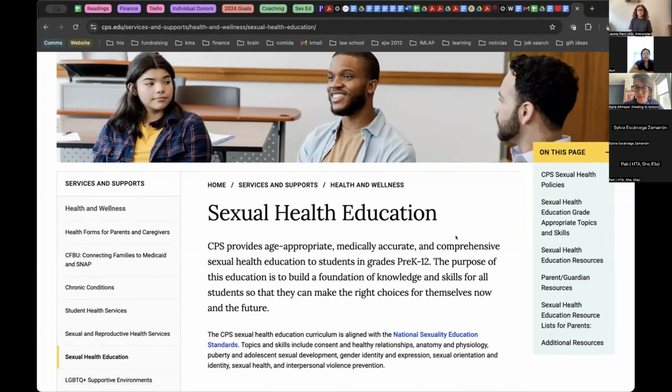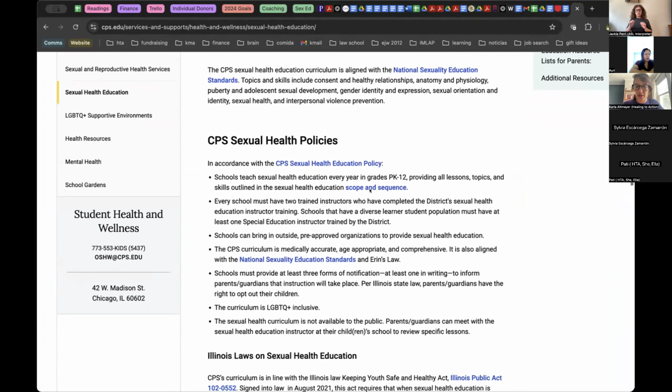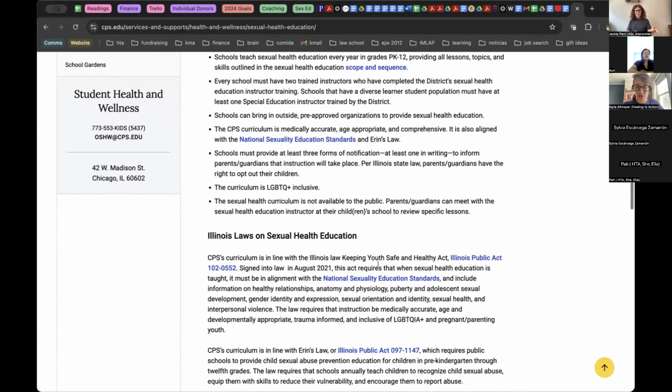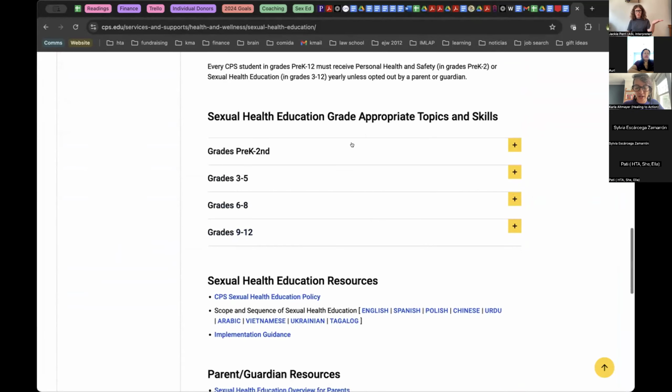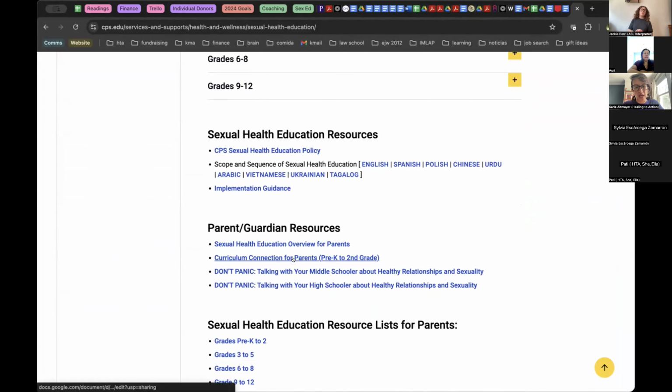So this CPS website has a lot of the documents and information. You'll see the scope and sequence, the policy, the National Sexuality Education Standards, and information about books you can read, a resource overview for parents, and the curriculum connection.